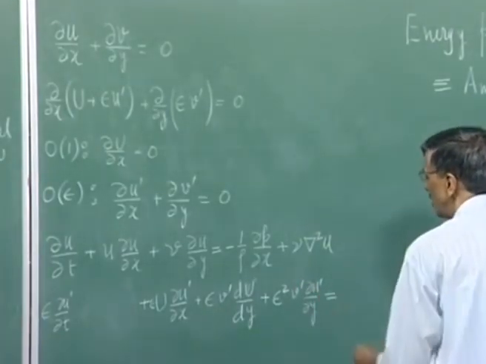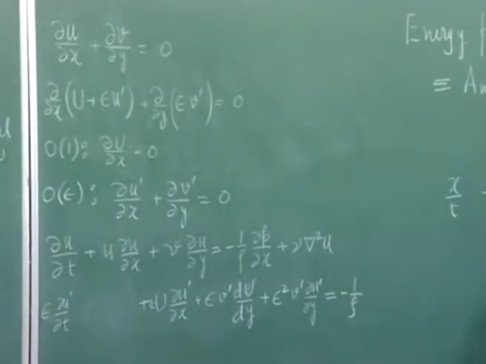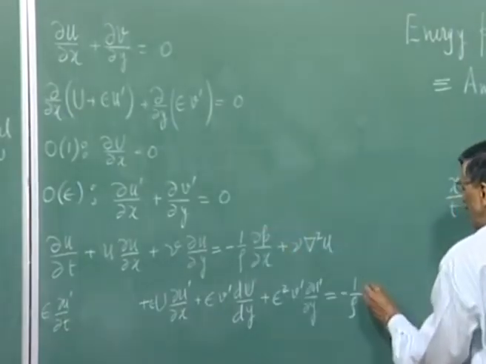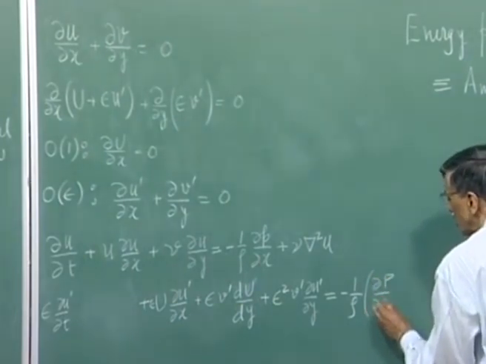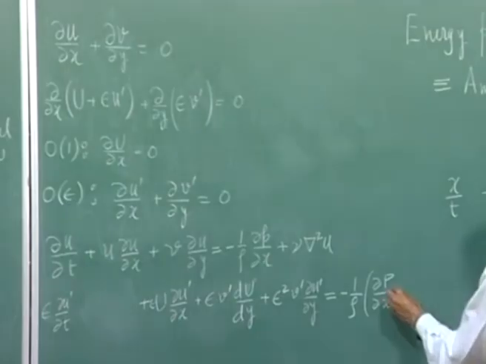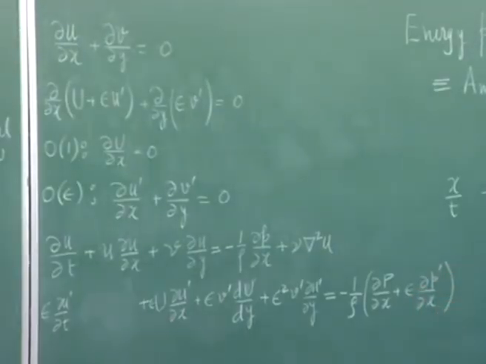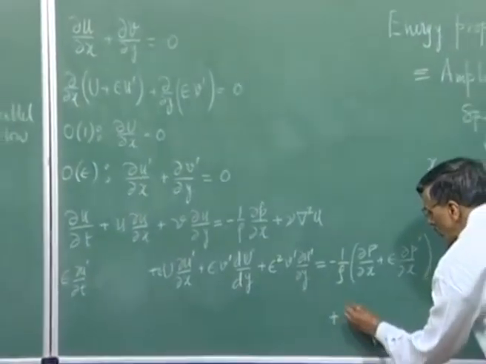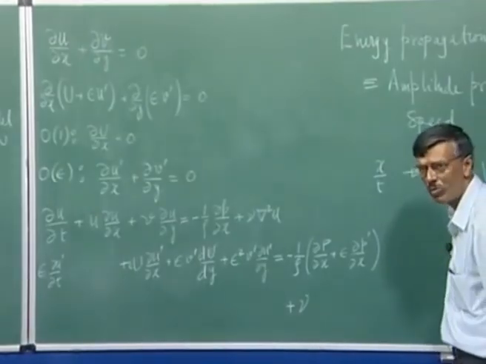On the right hand side, density remains invariant, so we have no problem. What about the pressure? I have a pressure term which I may write del p del x plus epsilon del p prime del x. What about terms coming from here? Nu, the x derivative, what will I get?